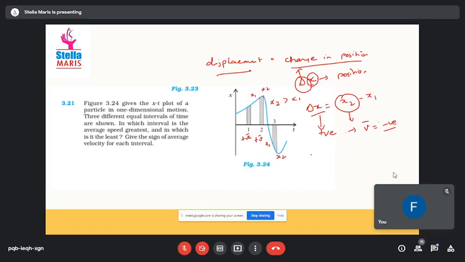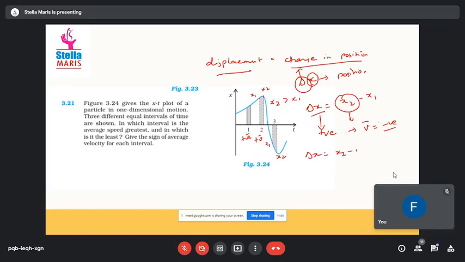Yes, sir. So here you can say that x2 is negative, and x1 is also negative, in the negative position only. But as you said, x2 is lesser than x1. So when you put del x is equal to x2 minus x1, x2 will have a negative sign, so minus of x1.